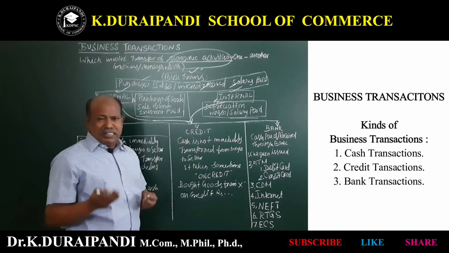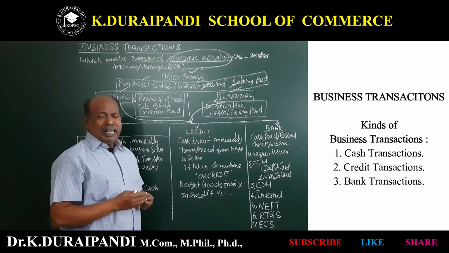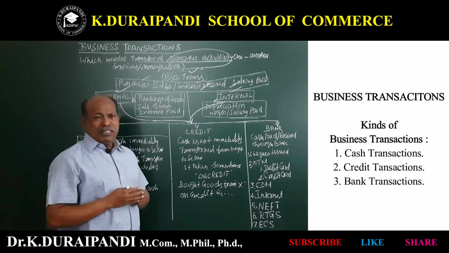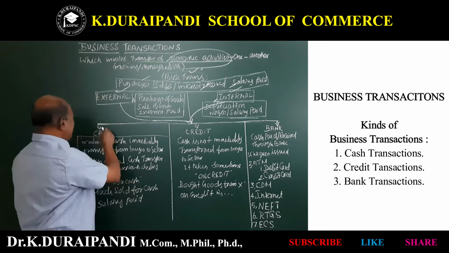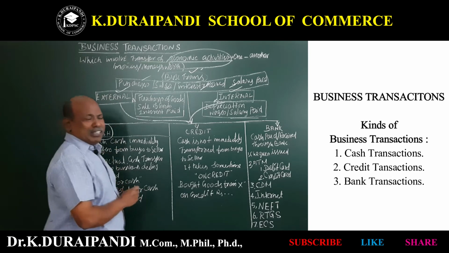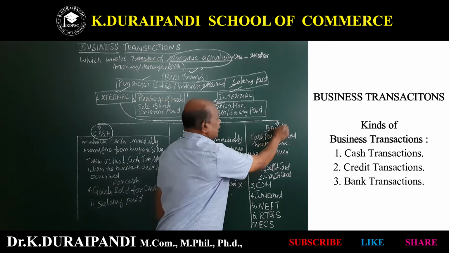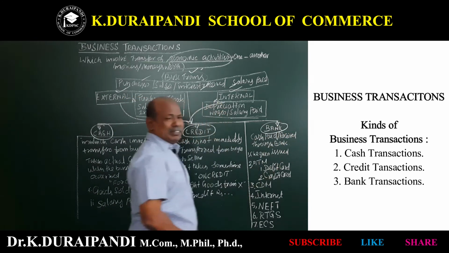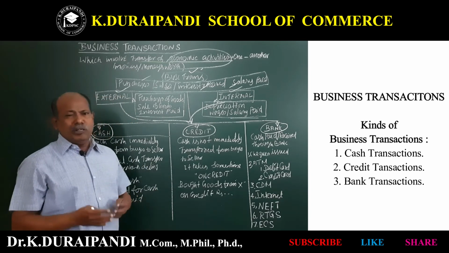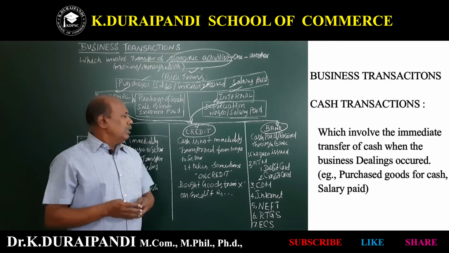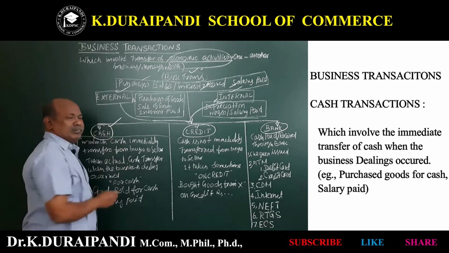These business transactions are classified into three kinds. One is cash transactions, another is credit transactions, and the third is bank transactions. Let us discuss one by one. What is a cash transaction?